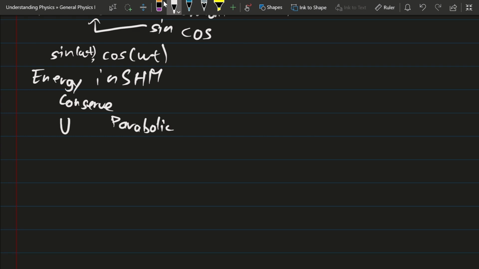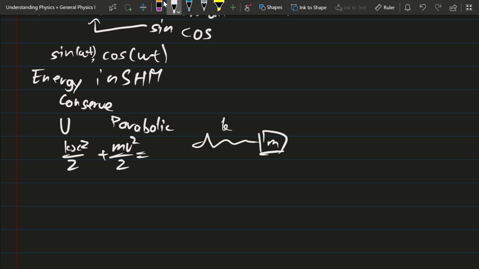So by using this, kx squared over 2 is the parabolic plus the mv squared over 2. This is for a spring system anyways. As a constant. If you take the derivative over time, you would see that this kx times v plus mv times the acceleration is 0.